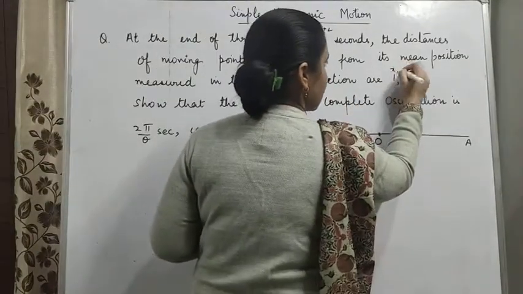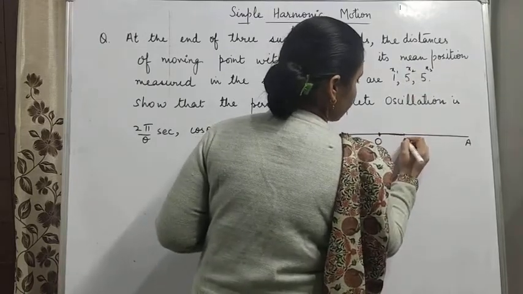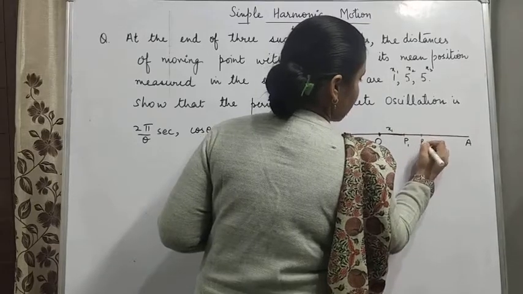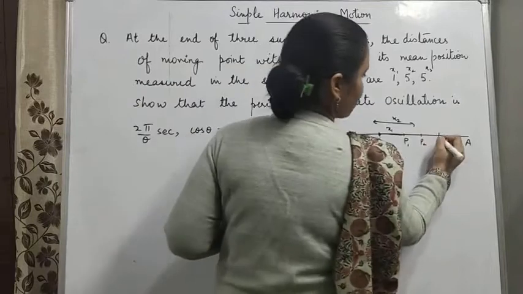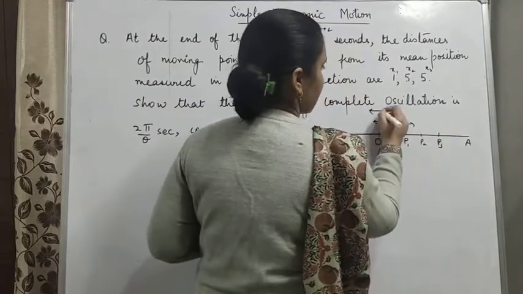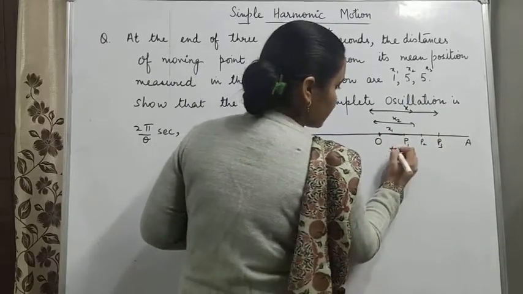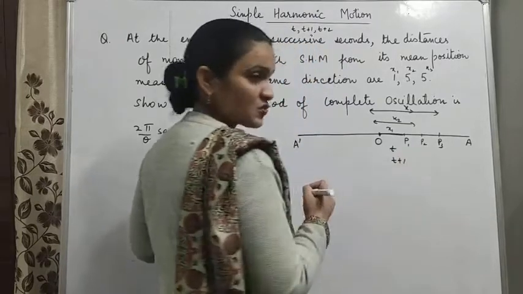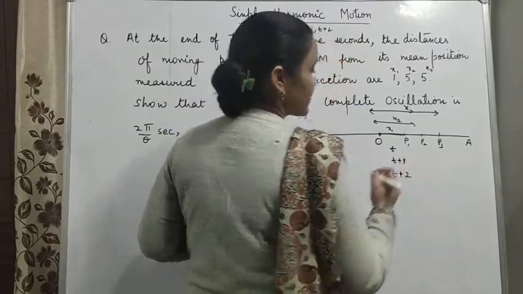So let this be x1, this is x2 and this is x3. So this is position P1, this is x1, then P2, this is x2 and then position P3. 3 positions हैं. Let this be x3 and this be taken at time t and this x2 be the position at time t plus 1 and this x3 be the position at time t plus 2.